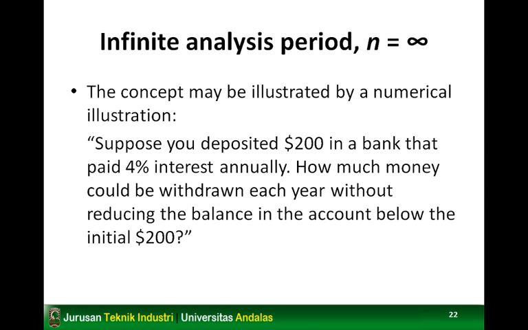So this is an example that illustrates the concept of the capitalized cost. Suppose that you deposit $200 in a bank, and that bank pays an interest of 4% every year.